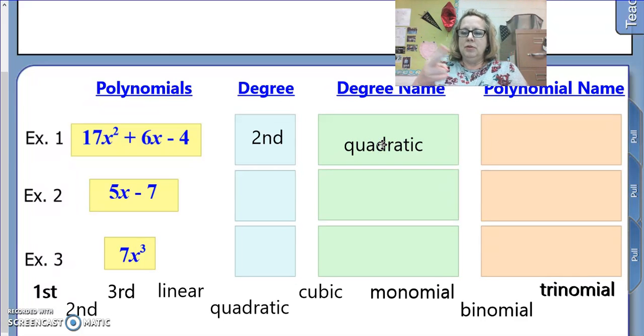The polynomial name, you look at how many terms that expression has. 7x squared is 1 term, plus 6x, 2 terms, minus 4 makes it 3 terms. If it has 3 terms, that means it is a trinomial.